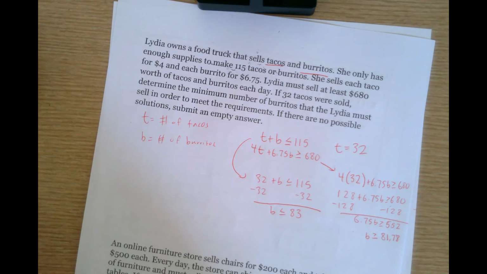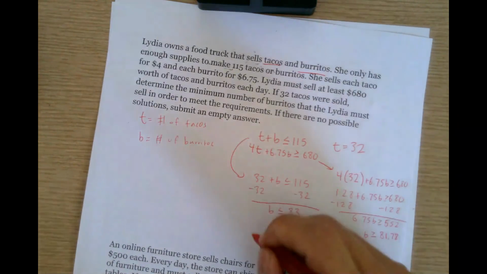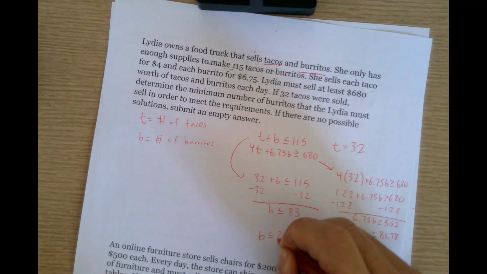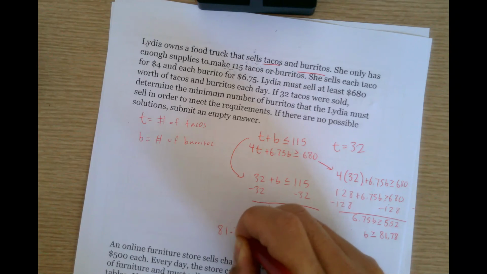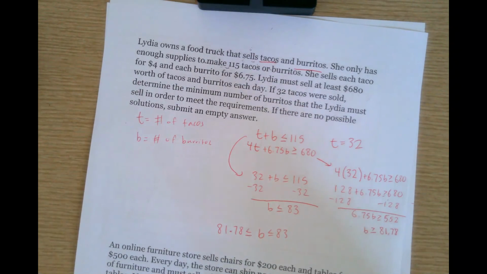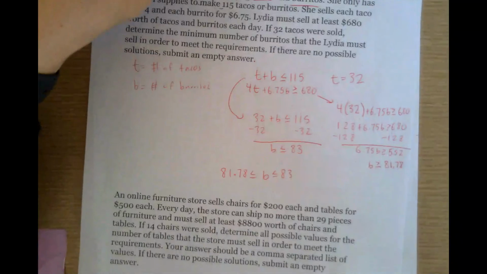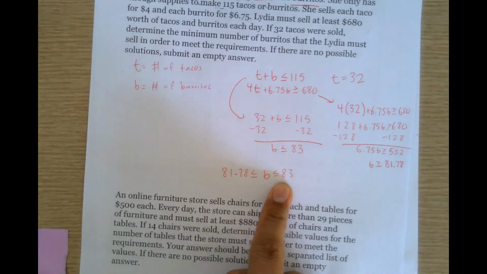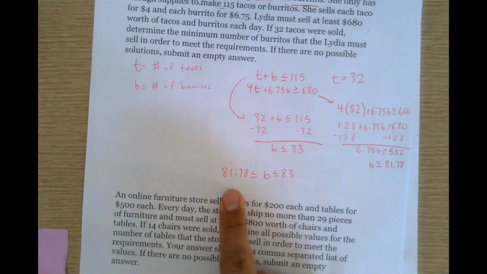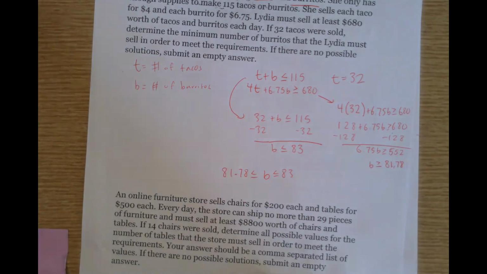If I were to combine these, because we know that this is combined, from the two different inequalities when we solve for it, she has to make between 81.78 and 83 burritos. The question is, what is the minimum number of burritos that Lydia must sell in order to meet the requirements?